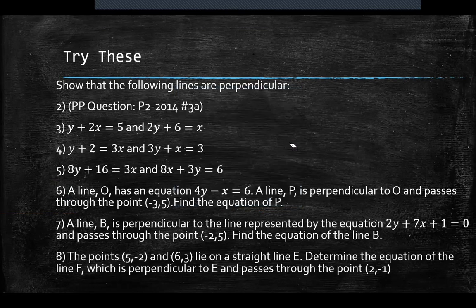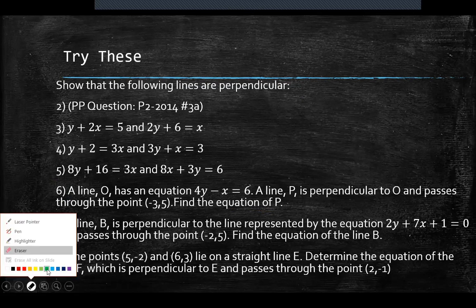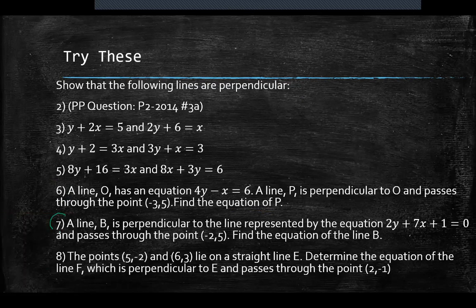Miss, what number did you say? We do number 7 now. Okay. When you finish, I want you to send me privately the answer you get for the equation of line B.